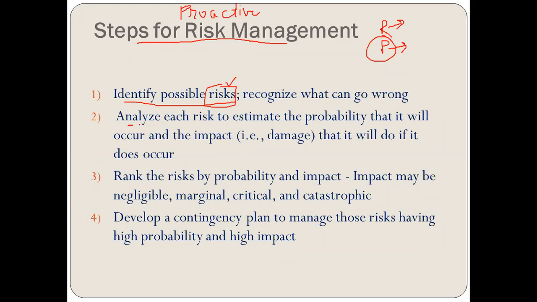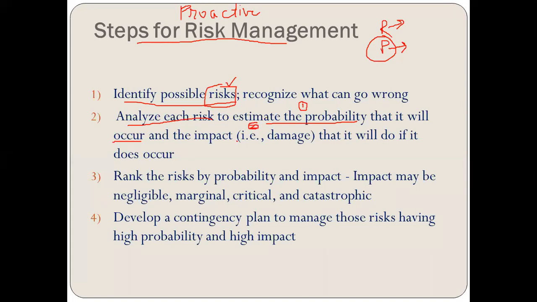Second one, I'm going to analyze each risk. I'm going to analyze risk on two bases. The first base is estimating the probability that this risk will occur in future. That means what is the probability of occurrence of the risk in future, right? Second parameter is the impact of the risk.